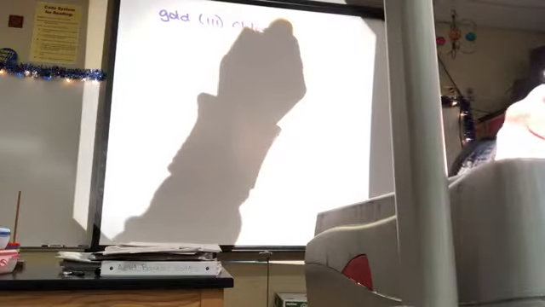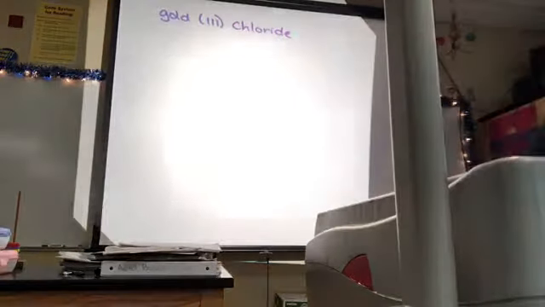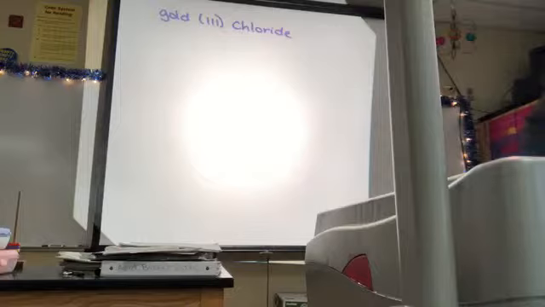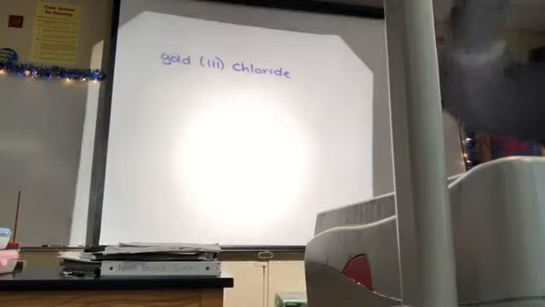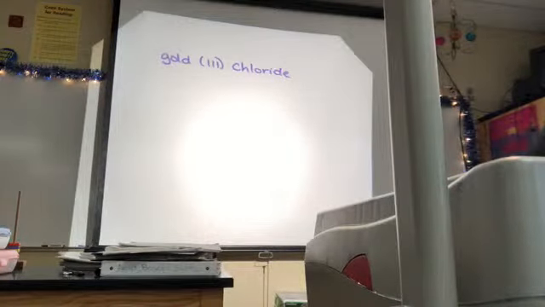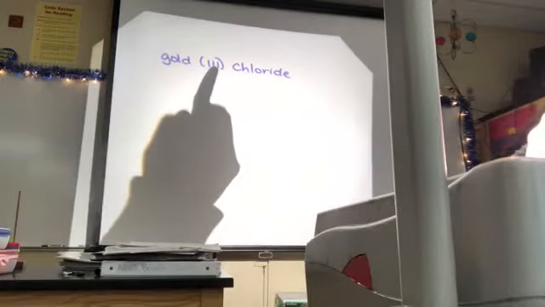So, here's a compound, a type 2 compound. So, let's say we have gold(III) chloride. Gold(III) chloride. You're like, why would you put that Roman numeral in there?